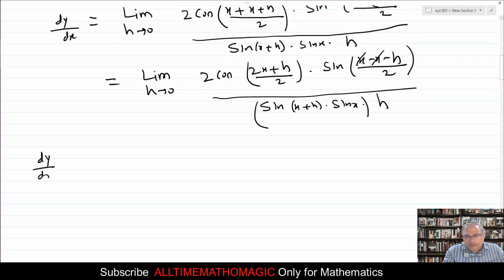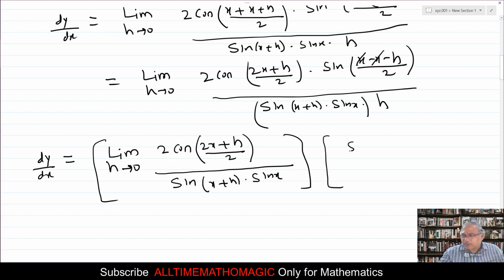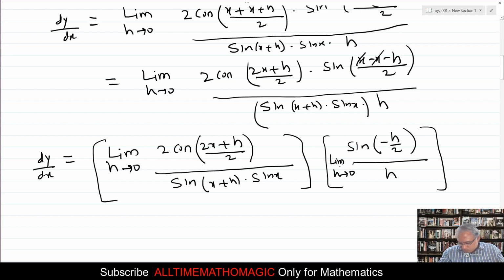Taking this as one group, and sin of minus h by 2 upon h as a second group, with limit h tending to 0.